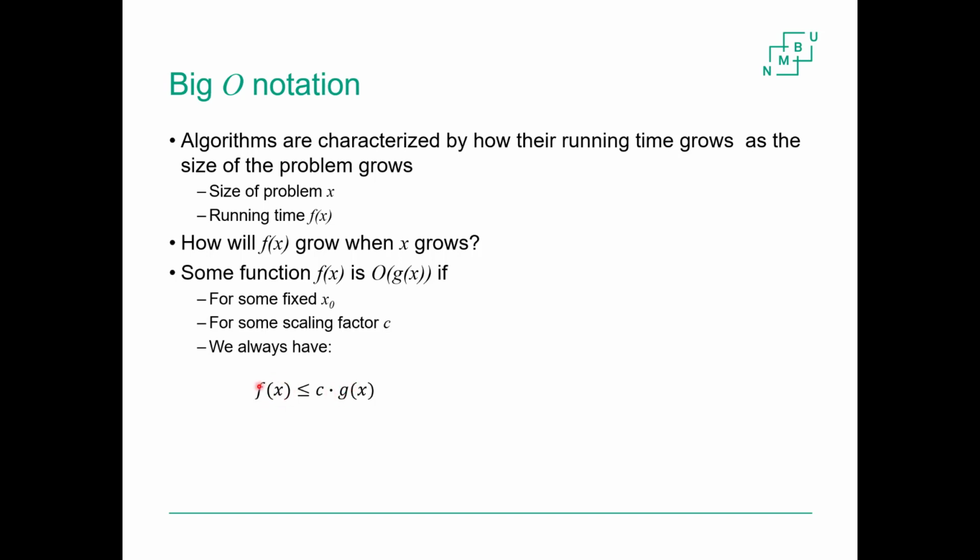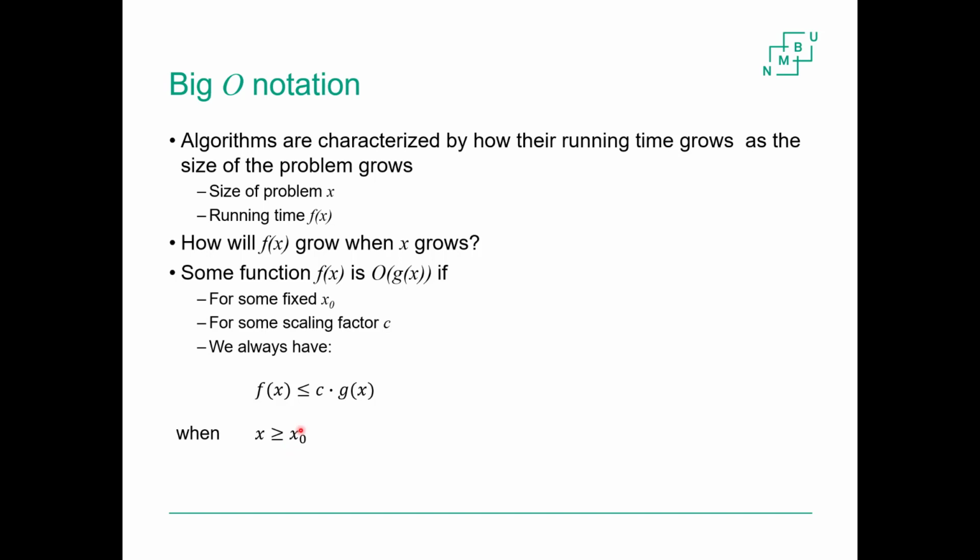So notice what we are actually saying here. The running time, the values here, should always be smaller than the values here, multiplied with a constant. And this function tells us how this grows as you increase x. And this only applies when x is larger than this minimum x0.